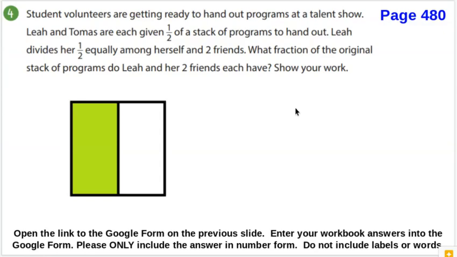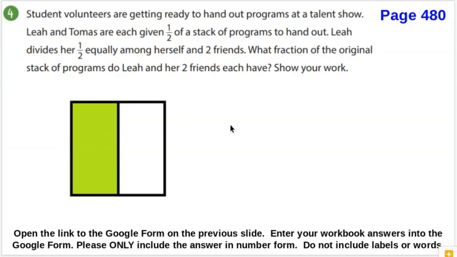You can see that this green piece represents the half that Leah got. Now Leah's taking her half stack of programs, and she's going to fair share some for herself and some for 2 different friends. Again, you're being asked to find what piece of the original stack of programs, all of the programs, what fraction is Leah handing out?